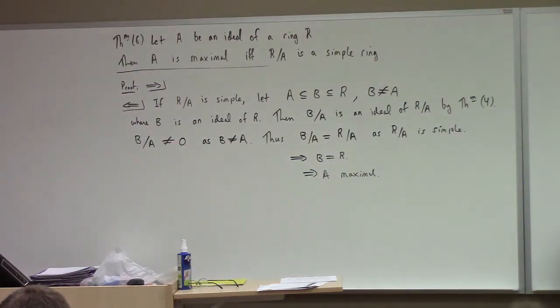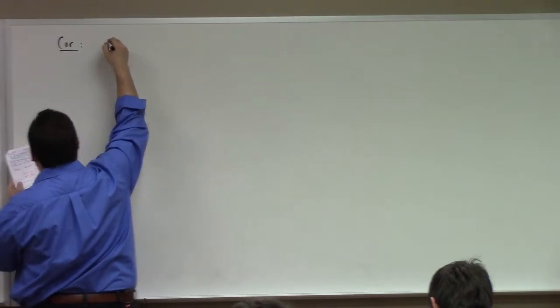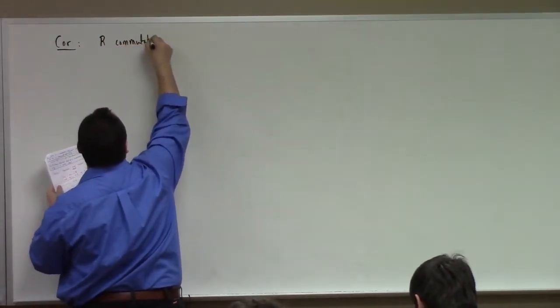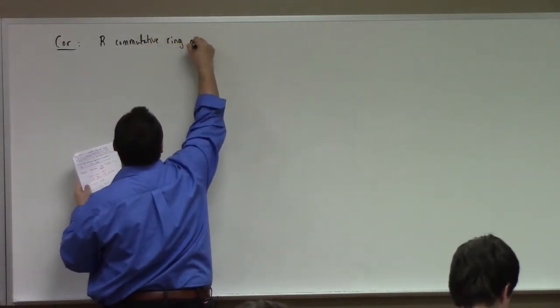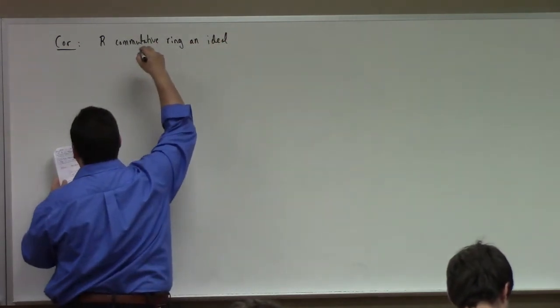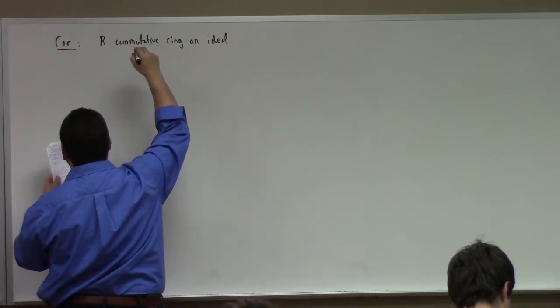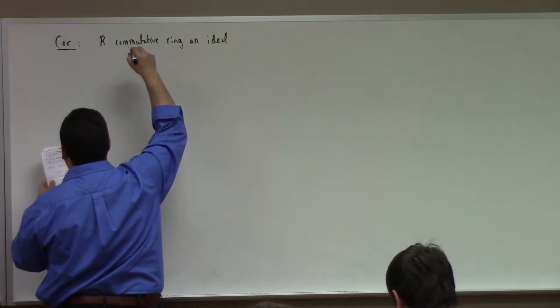Now, a corollary to that, which bears repeating, is that if R is a commutative ring and an ideal. I think I said these things, but I didn't write them down last time.